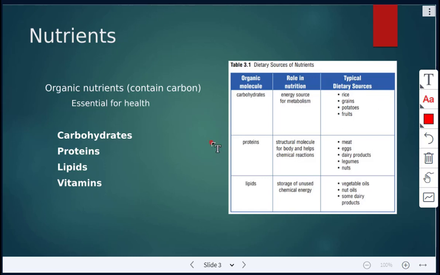Next is proteins. The role in nutrition, it's a structural molecule, and so it's there in our cells for structure for the body, and it also helps in chemical reactions. All right, so typical dietary sources: meat, eggs, dairy products, legumes, and nuts.